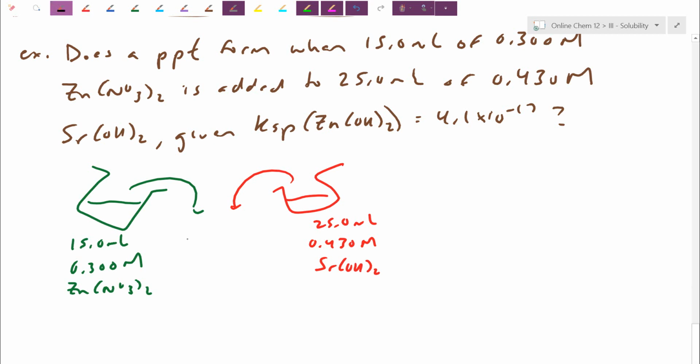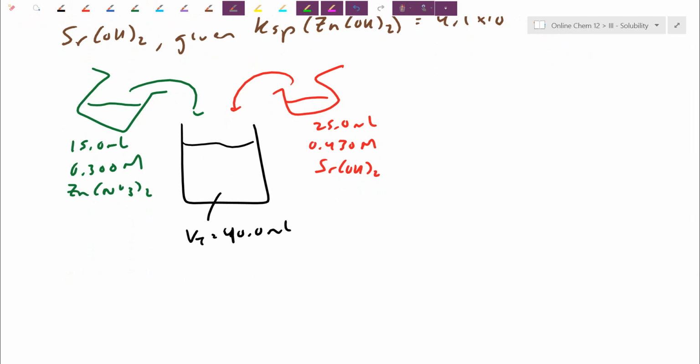I'm going to toss them all into some middle container here. Easy question first. 15 and 25, they give you a total volume of 40. So first thing that's going to happen, even before you calculate KSP and whether we hit the trial value or whatever, first thing you want to do is the mixing, the dilution part. So let's just try that here. Let's go with C1V1 and C2V2 on the left-hand side. Let's do the same on the other.